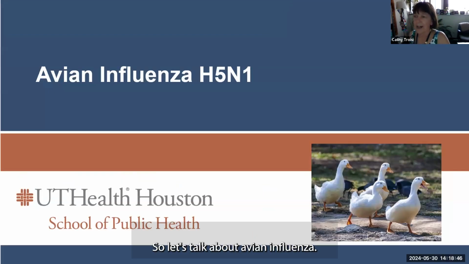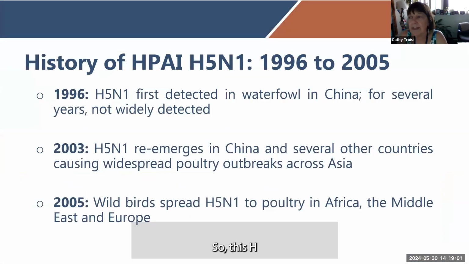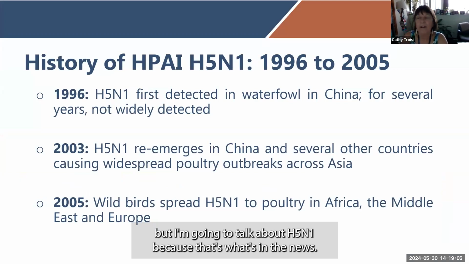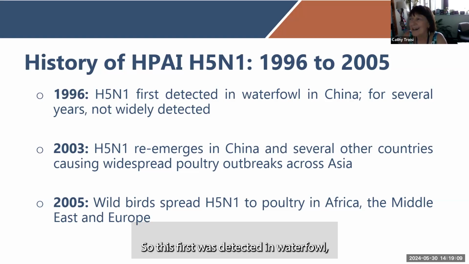All right, so let's talk about avian influenza. This is hemagglutinin 5. Remember, that's something that can infect humans. And neuraminidase 1. We have seen a lot of different avian influenzas, but I'm going to talk about H5N1 because that's what's in the news.